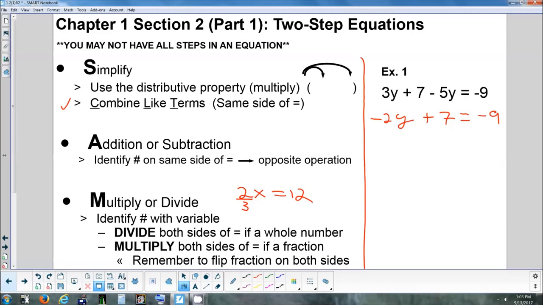Ginny, what's the next thing I would do? After simplify. We did the first bullet. Do we have any addition or subtraction that we would need to do here?